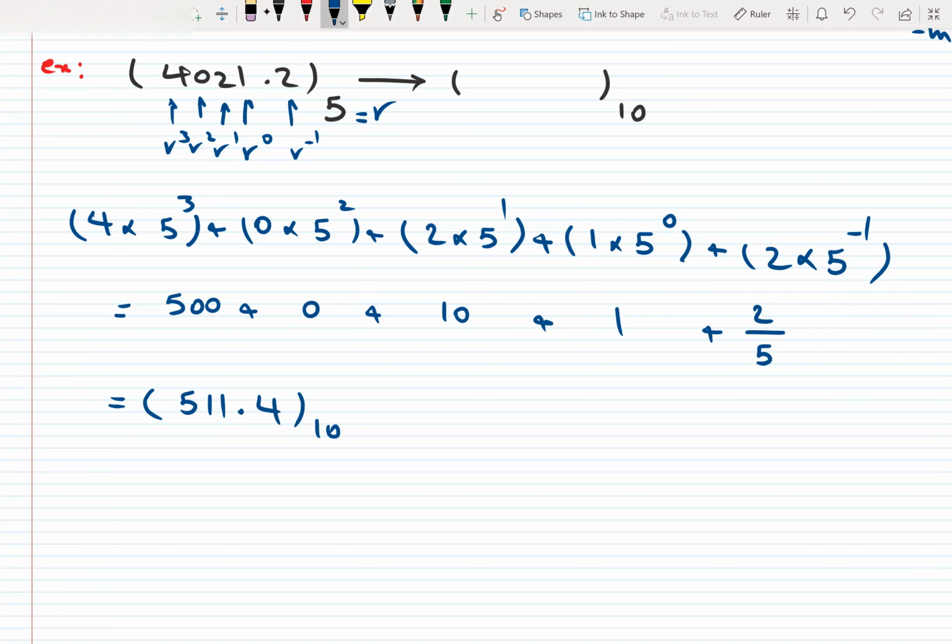We converted the number from base 5 to base 10.